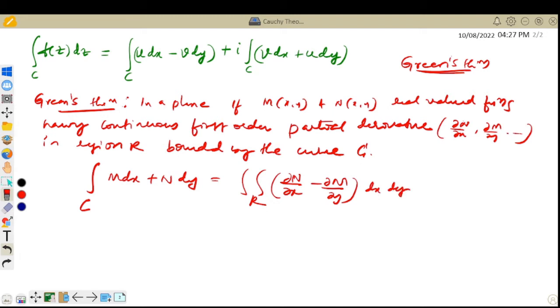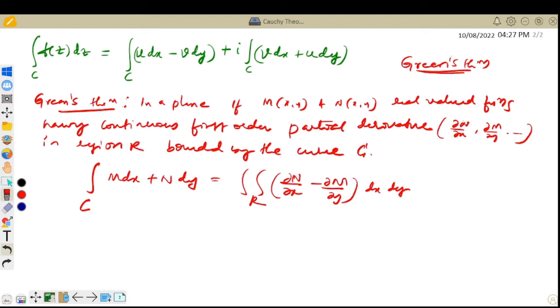So single integration over a curve C is equal to double integration of dou N by dou x minus dou M by dou y into dx dy.